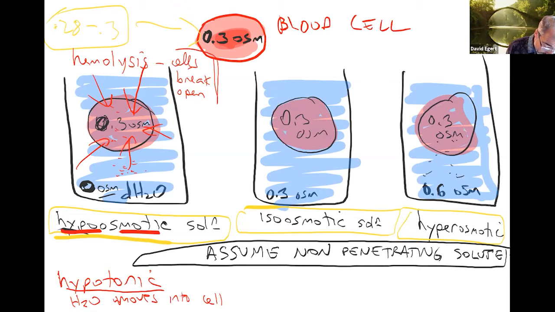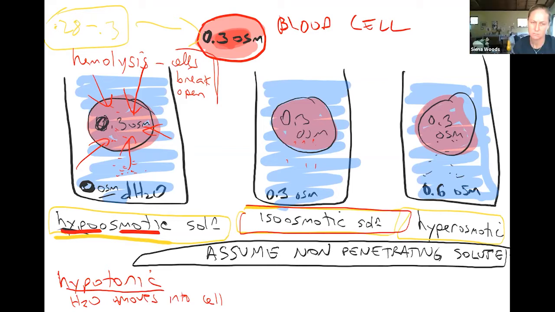What about if I have an isoosmotic solution where it's balanced inside and outside? What's the net movement of water? Zero. I thought it would go both ways. Right, but there's no net movement of water. Water can move out and it can move in, but there's just as much of a tendency for water to drift out as drift in, because there's no difference in the osmolarity.